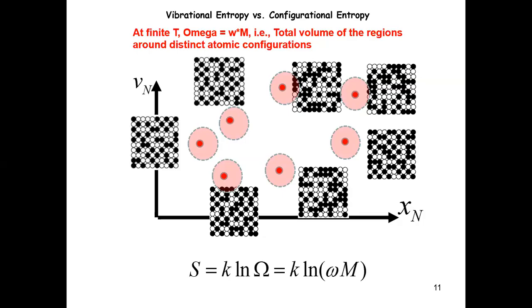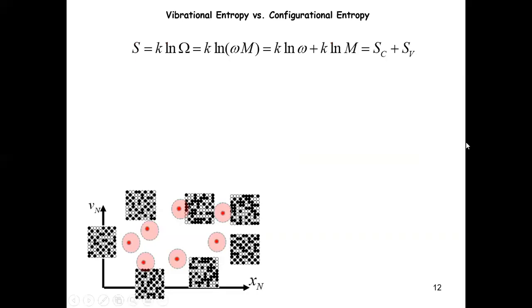Okay, if I got no answer, I assume this is clear. Okay, good. So the interesting thing that you see here is that this decomposition of the way we count the states, into the vibration contribution and the actual number of configuration contribution, allows us to decompose the entropy also into two terms, right? Because we know this is a natural log.